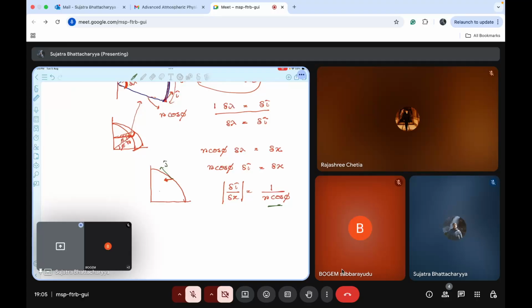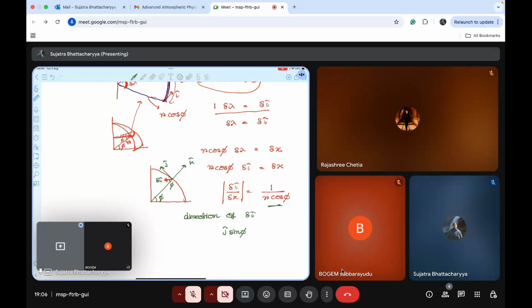This is your J hat, and this is your K hat. Some phi is here. We all know this from the sign conventions. If this is phi, this will also be phi. Now, if this is the j hat direction, what will be the j hat's component? So the direction of delta I hat, which is this one: this is your j hat. If this is phi, this will be 90 minus phi. So it will be j hat sin phi.